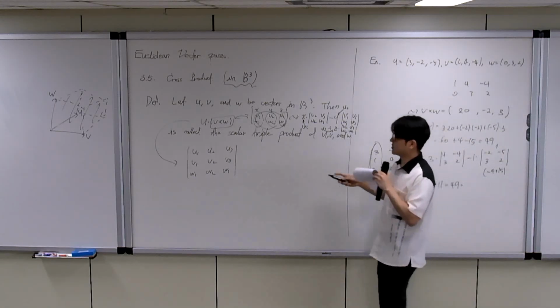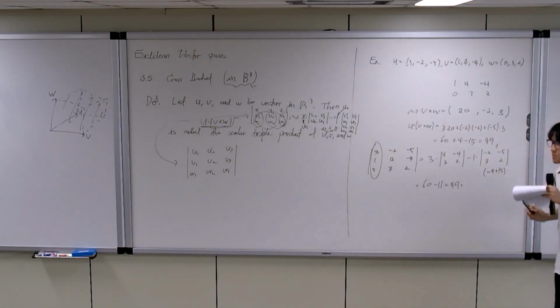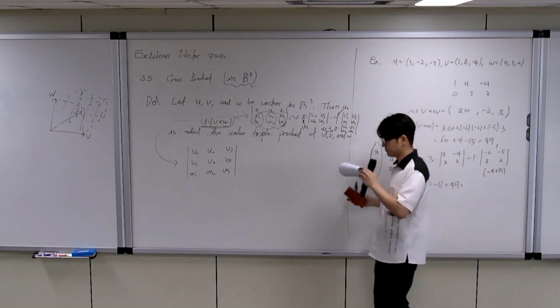So this form is called the scalar triple product. It is the same as the determinant of the three vectors u, v, w.